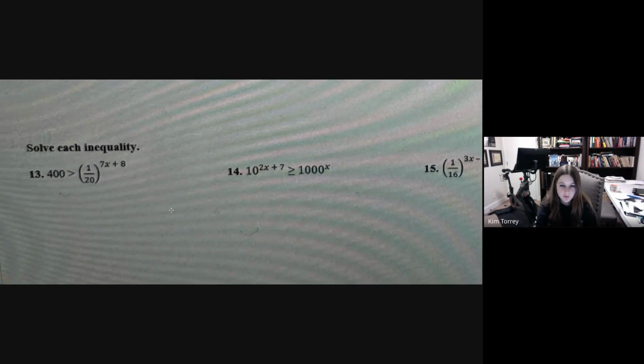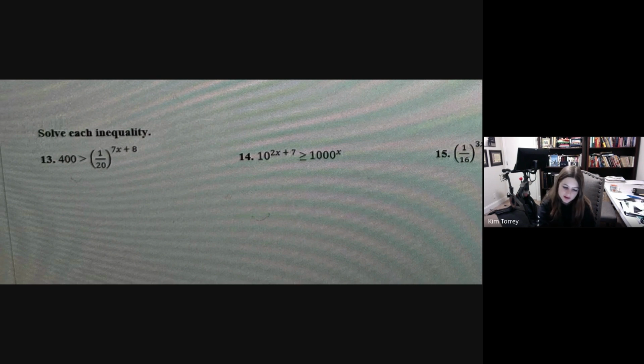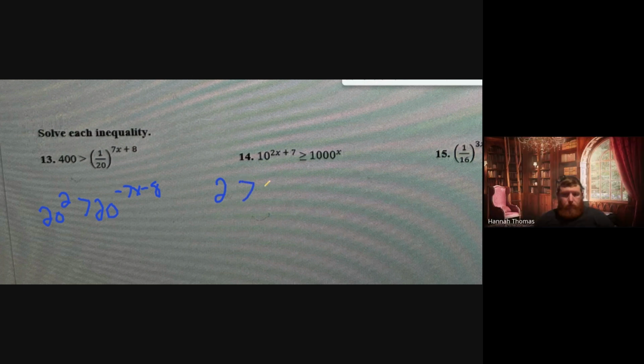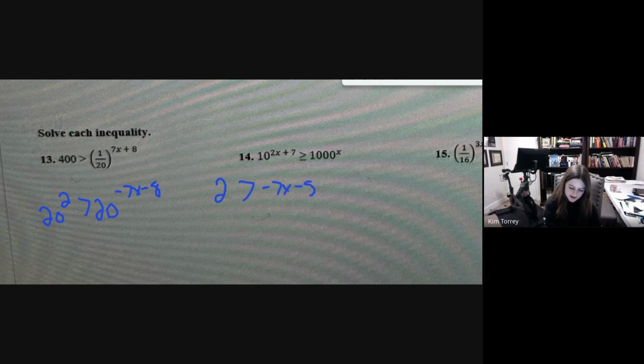So if you started with the 1/20th, it would be 20 to the negative 7x plus 8, and then negative 7x minus 8. I'm just going to do the tree thing. That's going to tell you it's 20 squared. Oh, 20 squared. Okay, so you do 2 is greater than negative 7x minus 8.